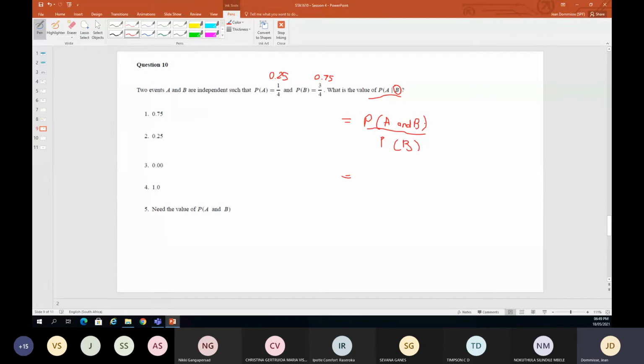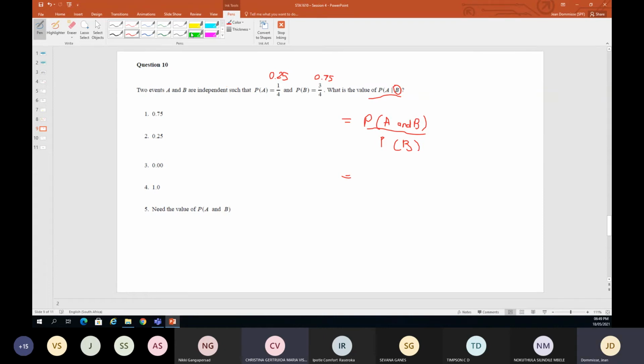Okay, so the AND, they don't give it to us. So how do we calculate the AND? Anybody that wants to try that one? How do we calculate the AND? The probability of A times the probability of B. Great.